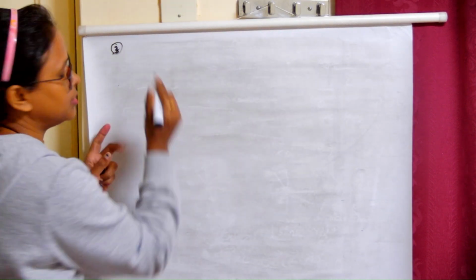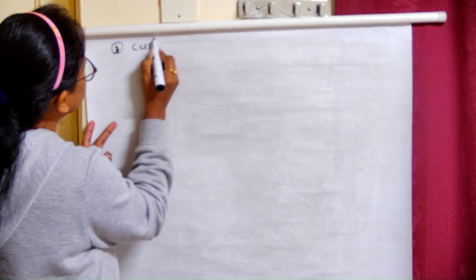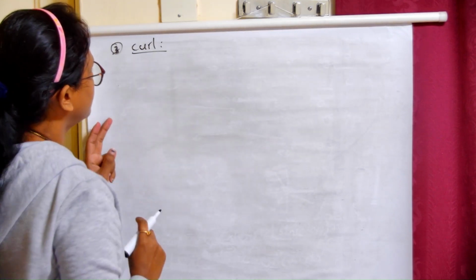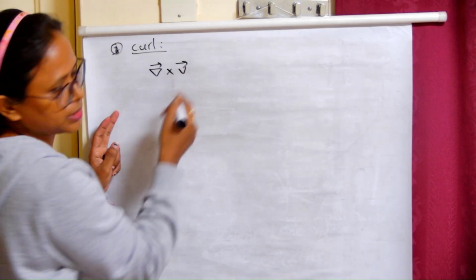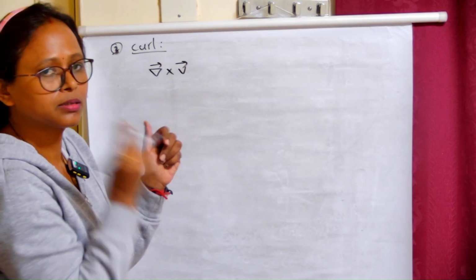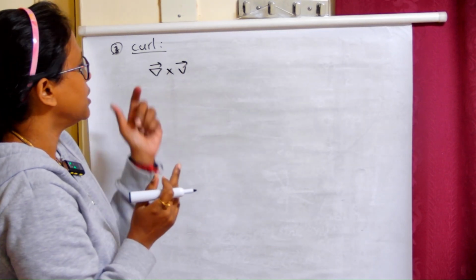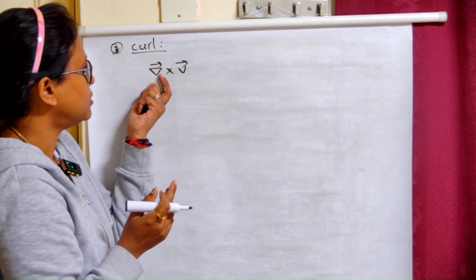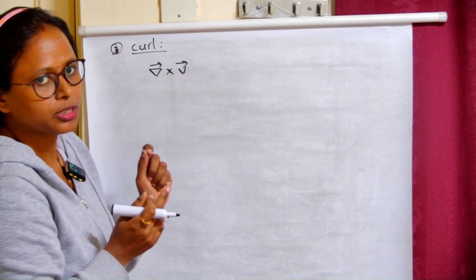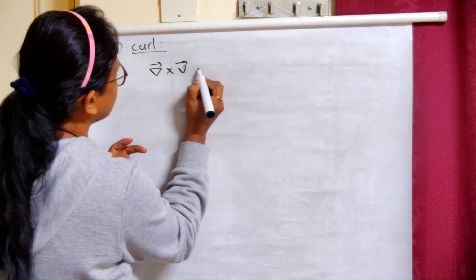Now let us see curl. Arithmetically, curl of a vector is defined as del bar cross v bar. That means when we operate the del operator on a vector through cross product, we get the curl value.